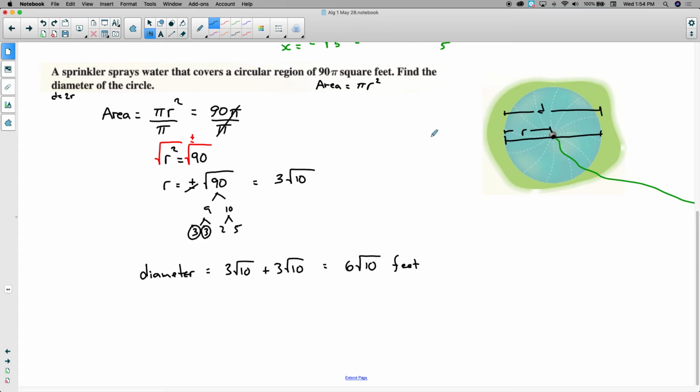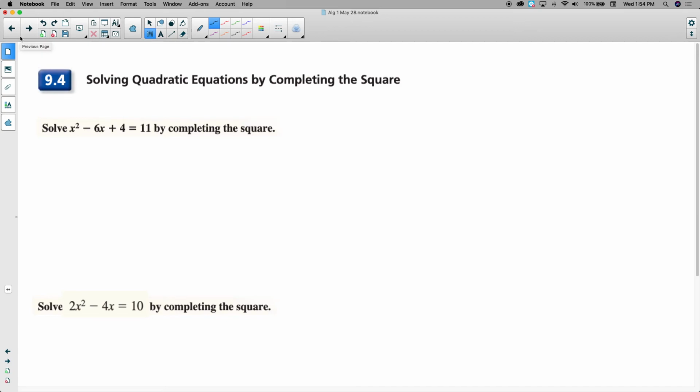And let me just do a quick little time check. I'm going to go ahead and do this last section, and in the remaining time, we're going to go back to completing the square.